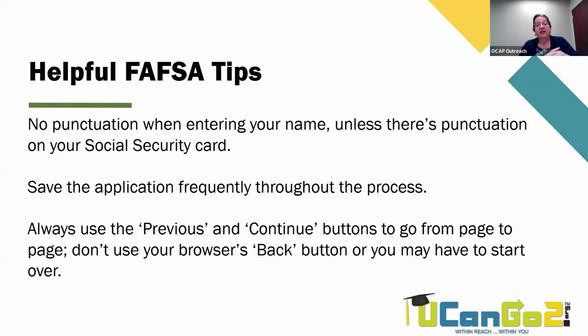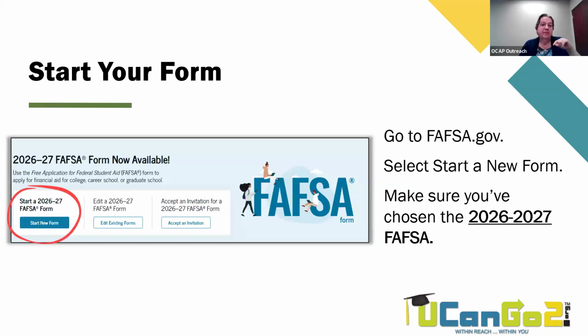There's going to be a save button on practically every screen you see in the FAFSA. And you want to use the previous and continue buttons that are shown more toward the bottom of each screen. Please don't use the browser back button that's up in the top left corner of your device. If you hit that back button up there, it could kick you completely out of the FAFSA and they may have to start over again. So use the buttons provided.